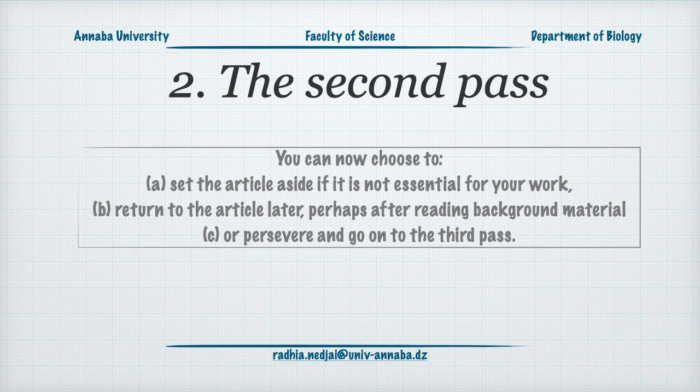At this point, you have several options. You can set the article aside if it's not important for your work. You can come back to the article later, after reading some background materials. Or you can continue to the third pass and try to understand it in greater depth.